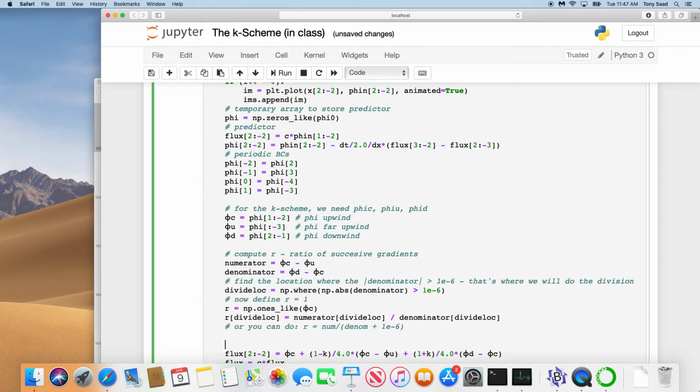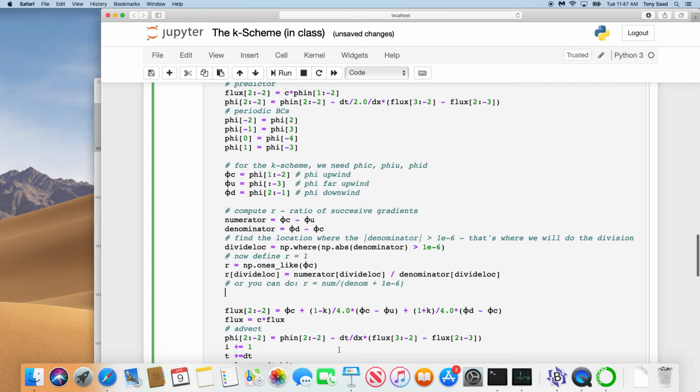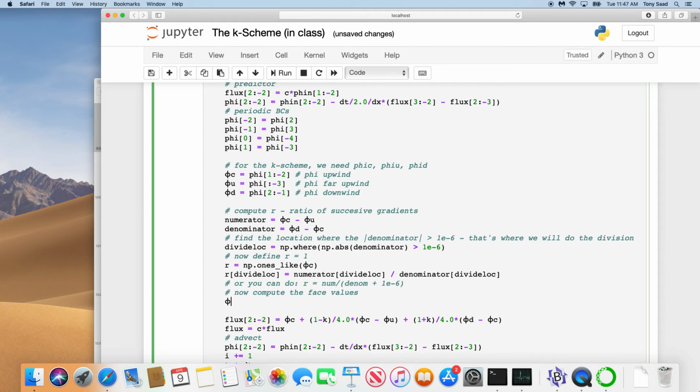Okay. Now compute the phase values. Phi f is equal to np.zeros_like phi C. So let's start with the min-mod scheme.